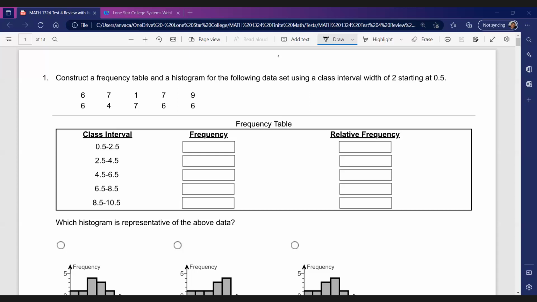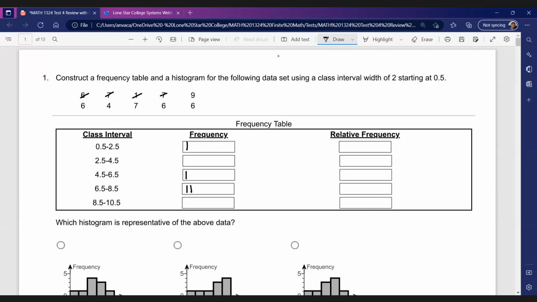So for example, this 6 is in this class interval. I'm going to use a tally system for now. So right now there is a 6, there is a 7. That 7 belongs in this interval. A 1 belongs in this interval. There's another 7, so that interval.